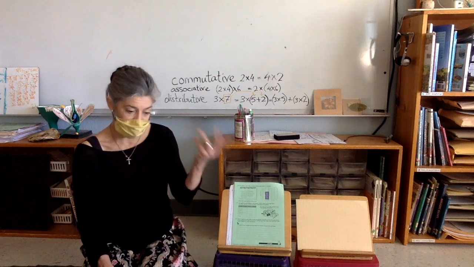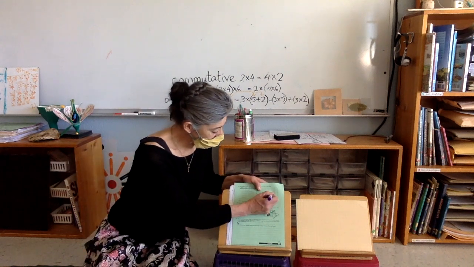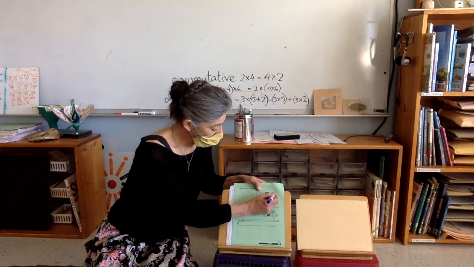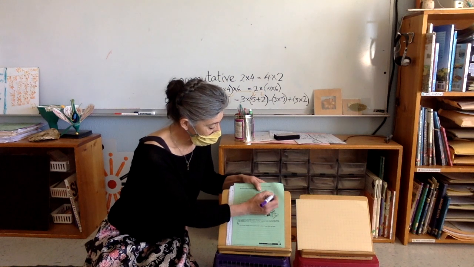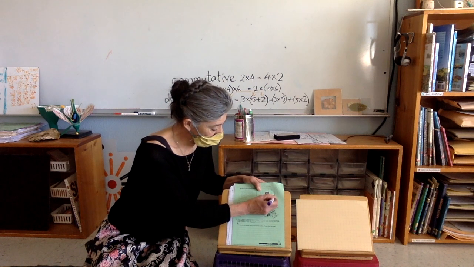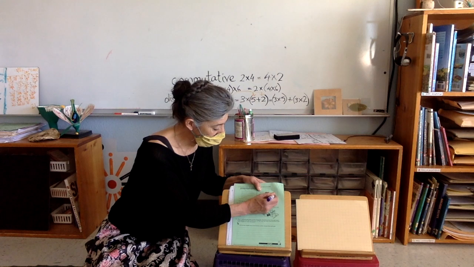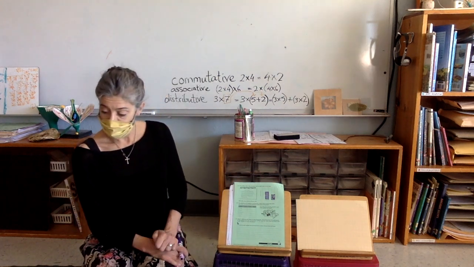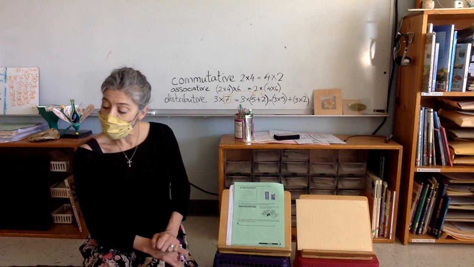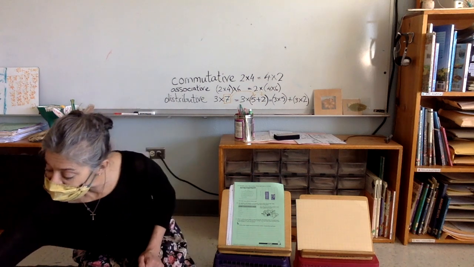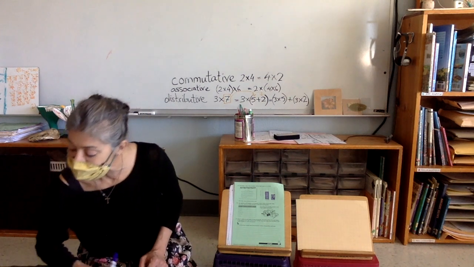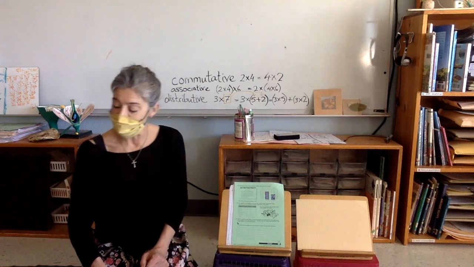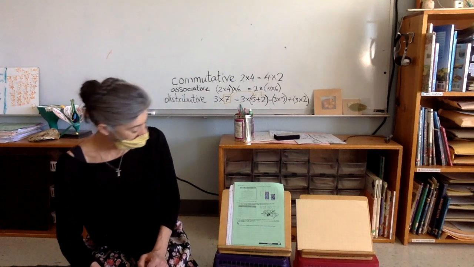Because remember there were 8 altogether. So I would move that one with 3 over here where it says flowers. Keep it kind of above where it, yeah, there you go.